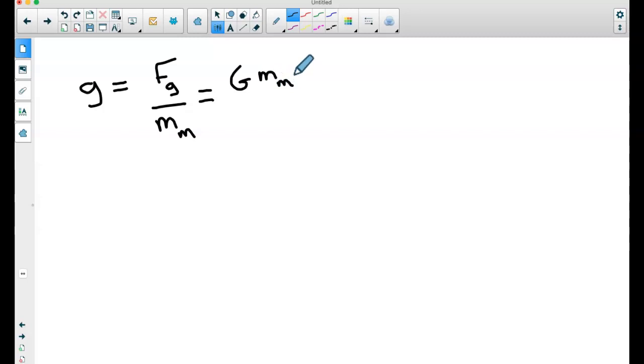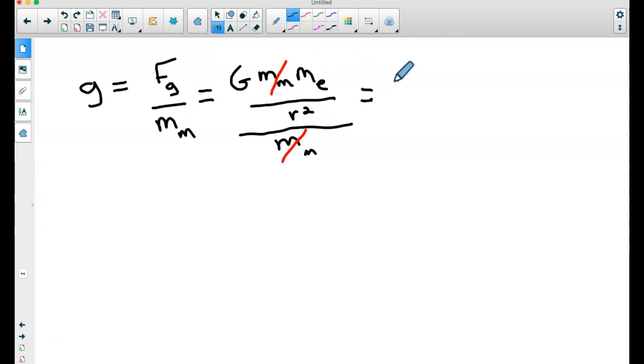According to our new equation, the force of gravity is that capital G times the mass of the moon times the mass of the Earth, all over r squared. And I'm going to do all of that divided by the mass of the moon. So the mass of the moon cancels out here. That tells me that little g, the strength of the gravitational field, should be big G times the mass of the Earth over r squared.